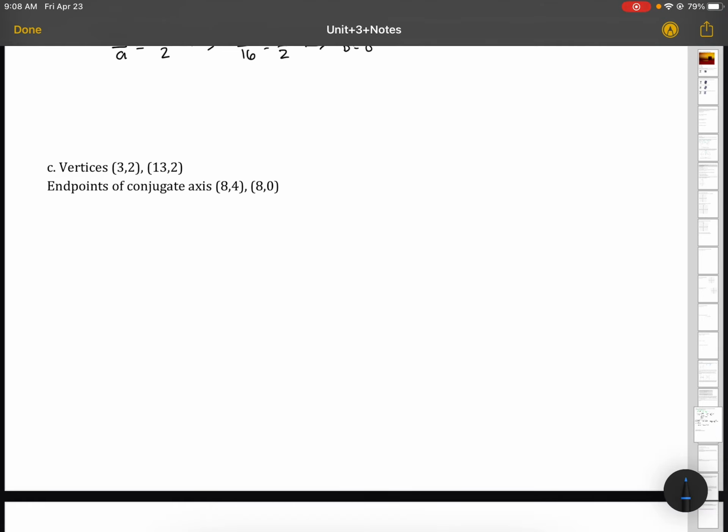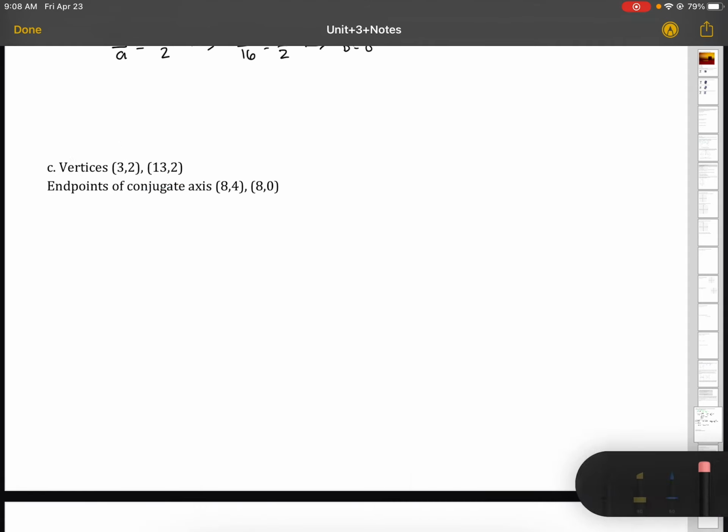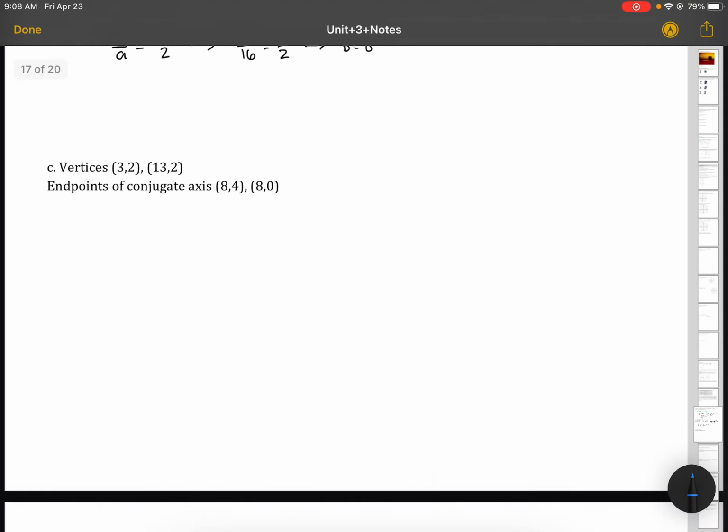So instead of (3, 2), let's make it (2, 3), and instead of (13, 2), let's make it (2, 13), and make it the endpoints of the transverse axis. Actually, let's not make any changes. I don't want to blow this up or throw everything off. So let's just go with it as is, and we'll do more examples in class with the y's instead.